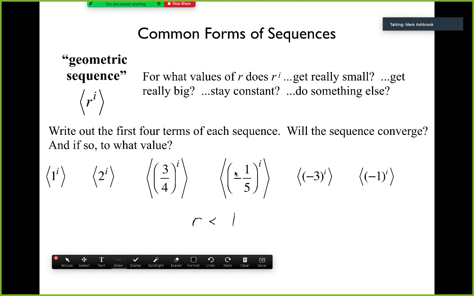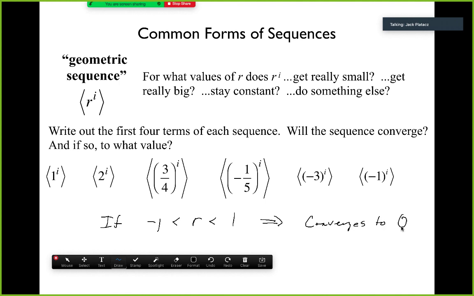But we also saw negatives that are in magnitude less than 1 also work. So where r is between -1 and 1, then it converges to what value?